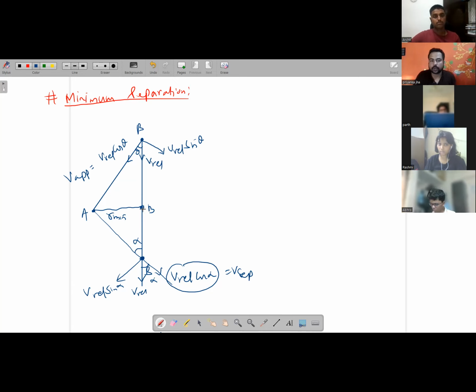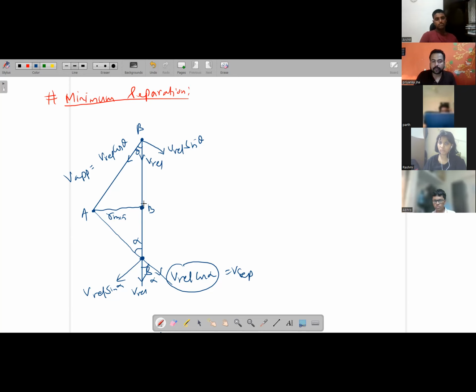As soon as you cross B, now this velocity of approach will convert into velocity of separation, right? So till here, B has tried to come closer to A, and after this B will try to go away from A. So this is called minimum separation. You can feel that at minimum separation, there won't be any velocity of separation or velocity of approach.